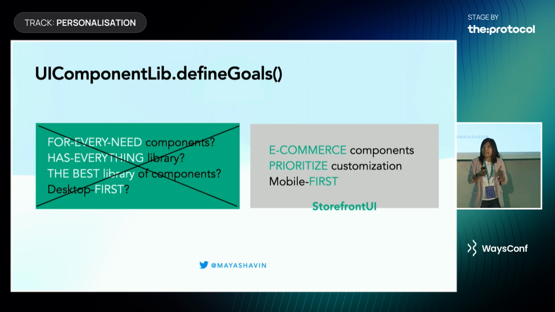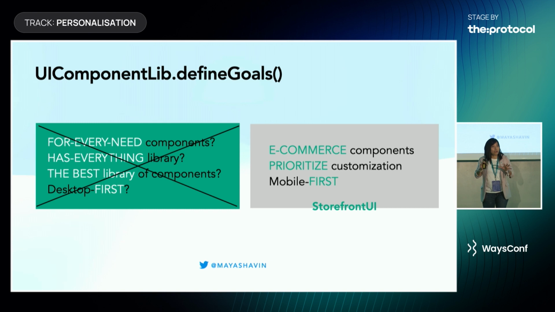It focused on building components only for e-commerce, and it prioritized customization because we understand that companies in the e-commerce industry want to have their own look and feel. They don't want to look like each other. And as we all understand, for e-commerce, mobile first is always important.